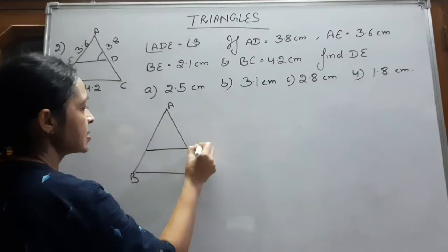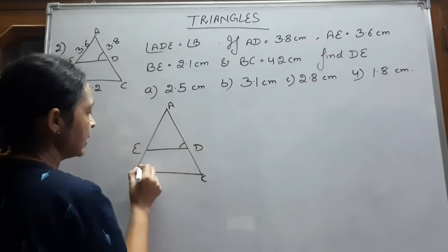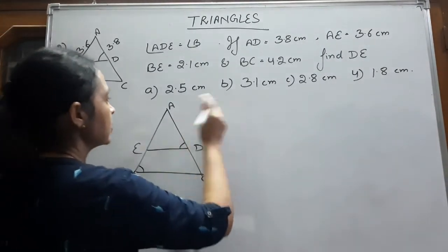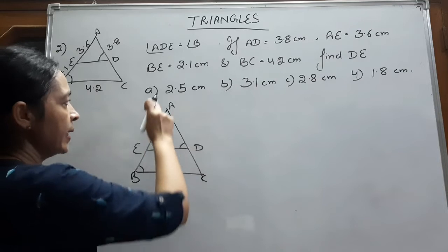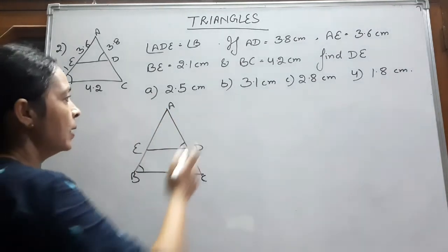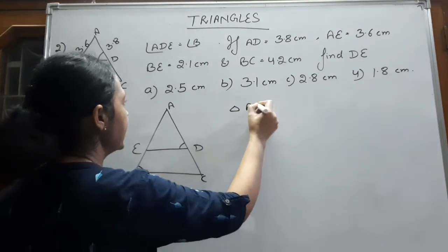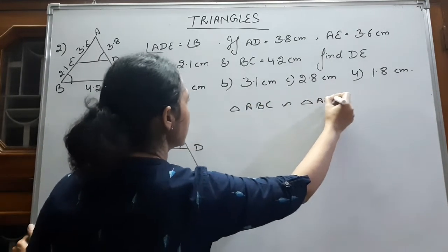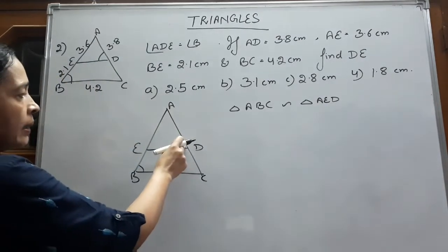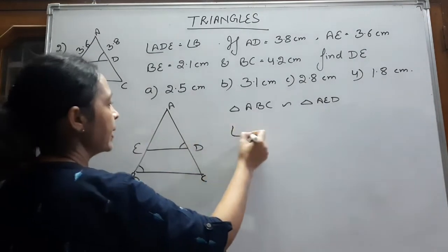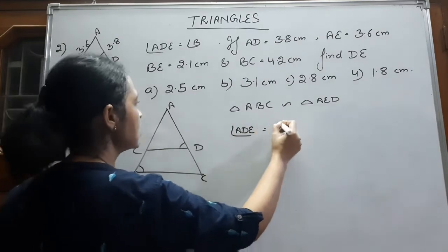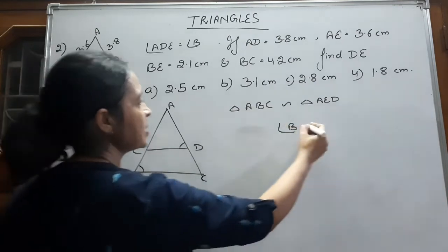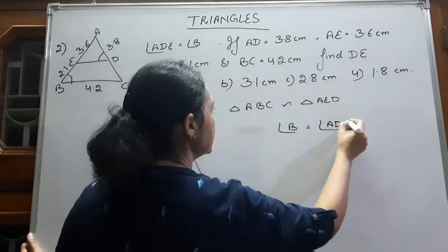Now, this is our triangle ABC. This is B, this is E. This angle and this angle are equal. This is given. Now, if we take this triangle AED and ABC, or triangle AED or ADE, this angle ADE is equal to angle B. So we can write angle B. We have taken triangle ABC first.